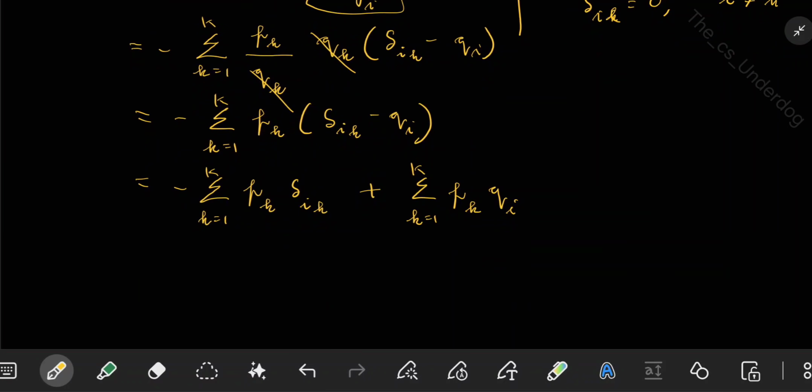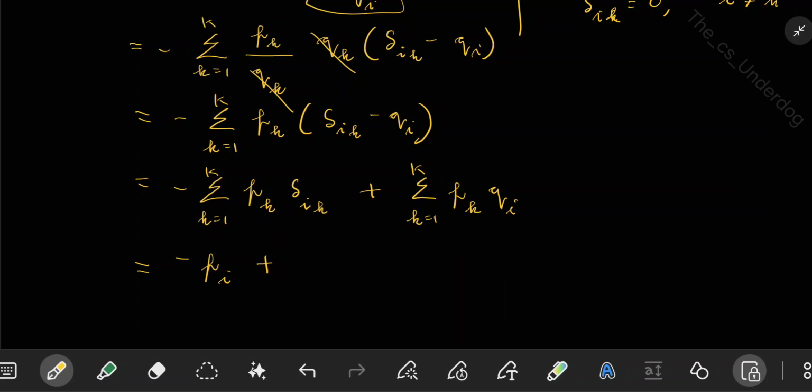So in this summation, there will be k terms, out of which k minus 1 terms will be cancelled out because del ik will take value 0. Only one term remains, for which del ik will be 1, where i is equal to k. When i equals k, pk is pi. So I can write minus pi. Only one term remains from this summation.